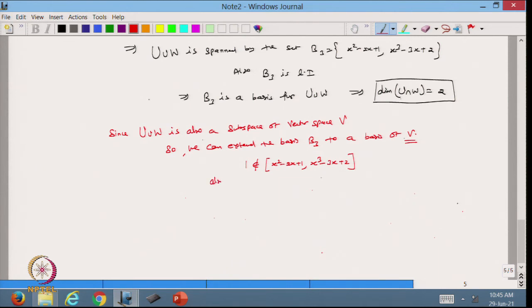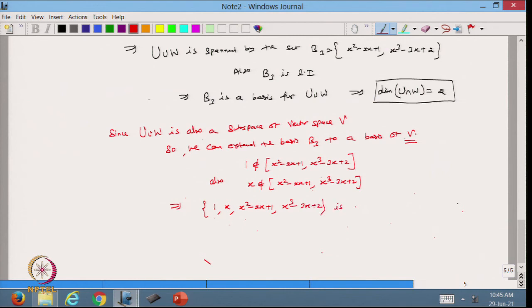Also, x does not belong to the span of x square minus 2x plus 1, x cube minus 3x plus 2. So, from here I can extend the set as 1, x, x square minus 2x plus 1, x cube minus 3x plus 2.